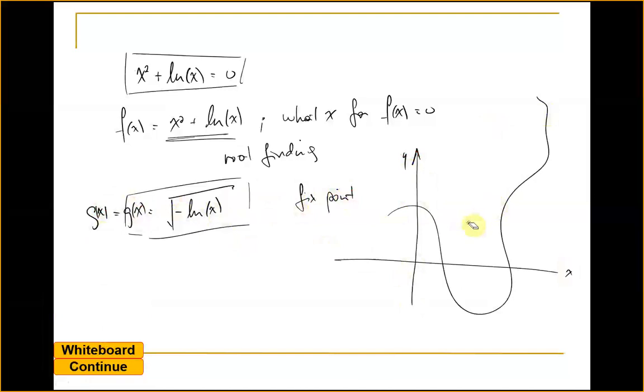Anybody can tell me why this can't be a function? Nobody? Why can't this be a function? Why g of x equals the root of minus ln x? No man, I'm not saying why it can't be this function, but why is this graph here, this line that I drew here, why is it not likely to be a function?